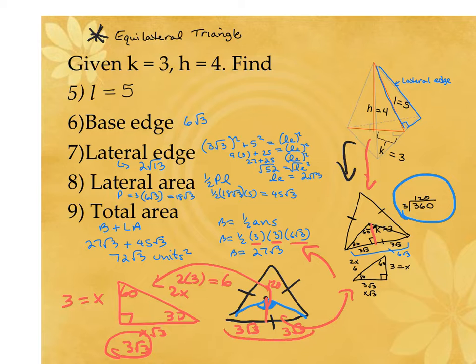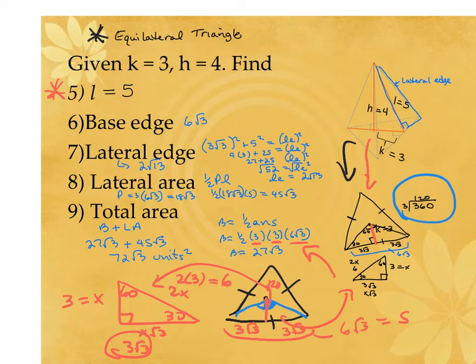So when I add it, that's how I get the 6 square root 3 for all the sides of my triangle. Now, keep in mind, this one is really tough, so don't get discouraged here. For my slant height, that came about from doing a special right triangle here, and it's a 3, 4, 5.